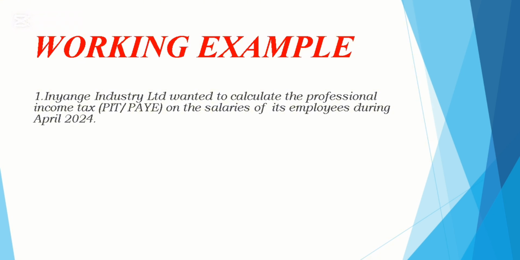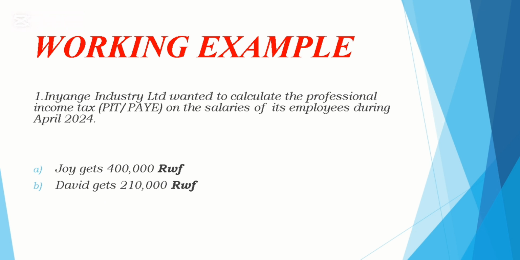Worker number 1, she's by the name of Joy, who gets 400,000. Worker number 2 is by the name of David, who gets that amount of money.